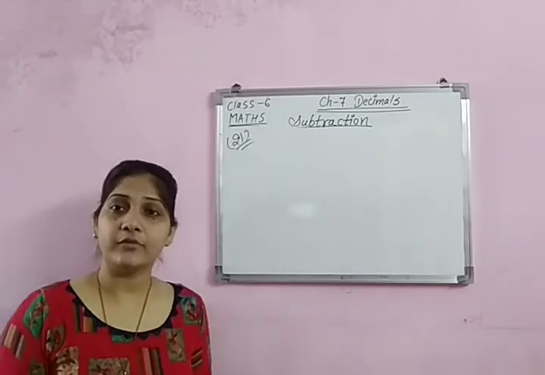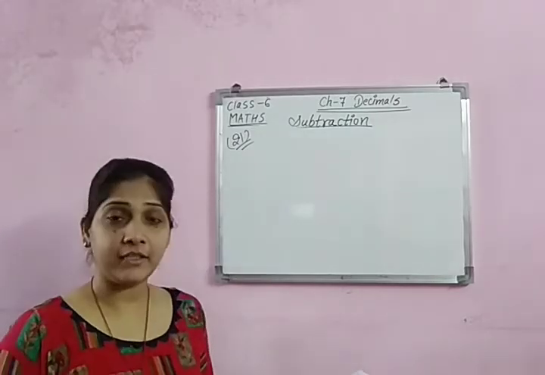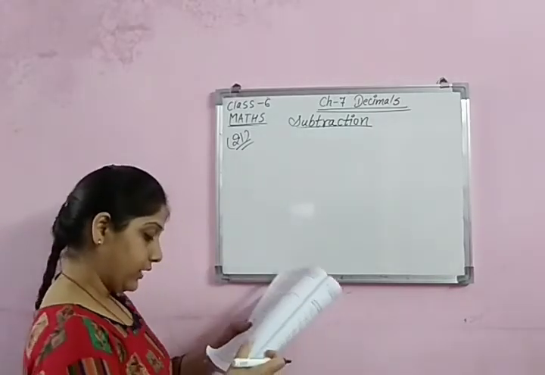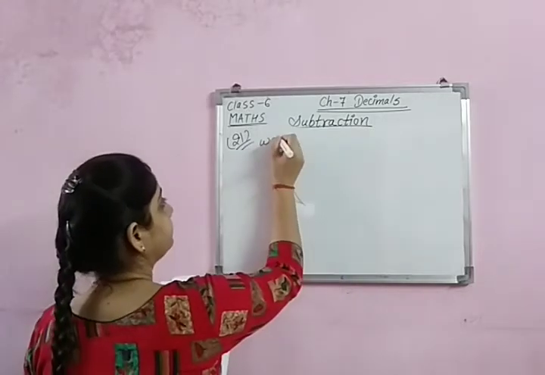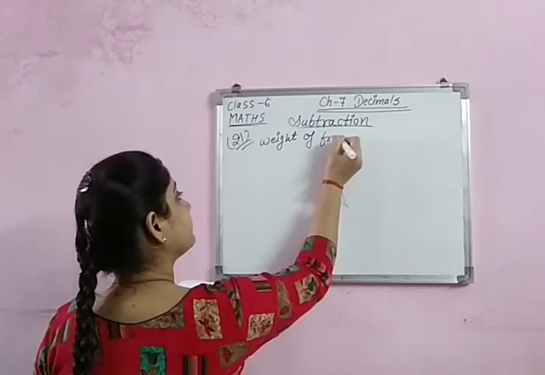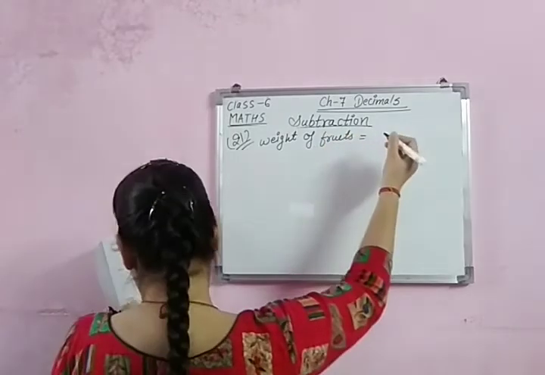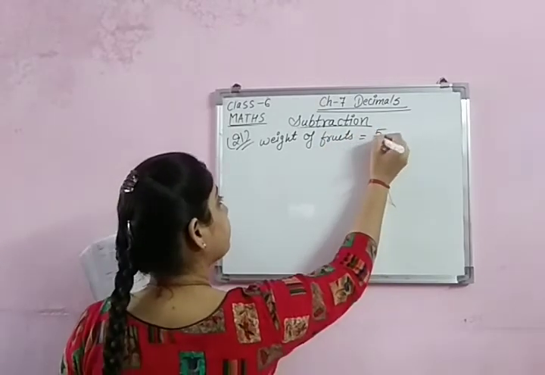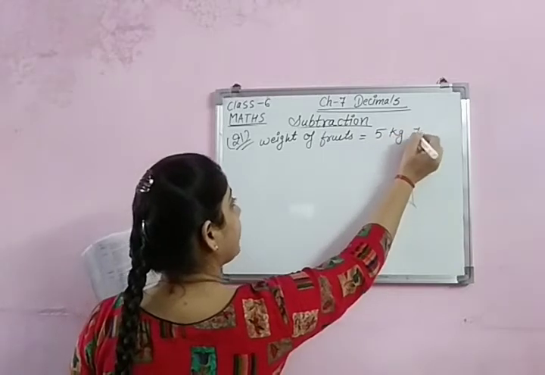So first let's find what is the total weight of vegetable and fruit. So I am writing weight of fruits. Statement is needed. Weight of fruits. It is 5 kilogram, 75 gram.